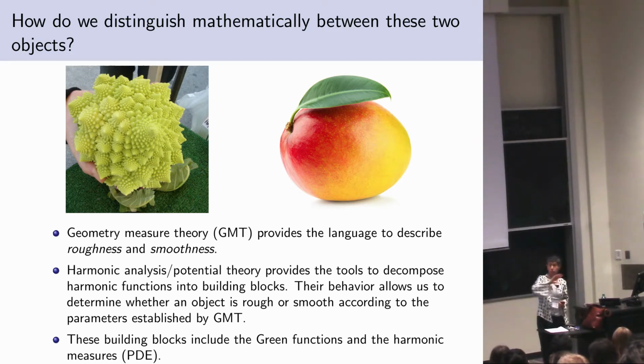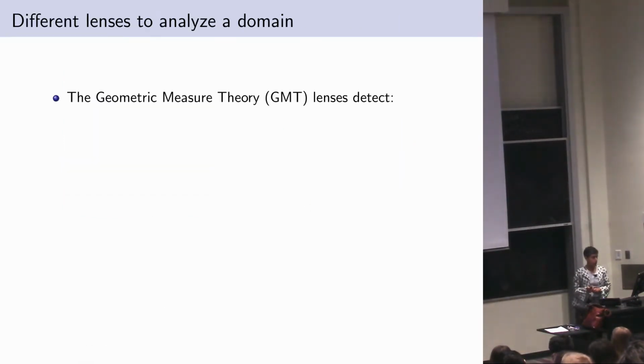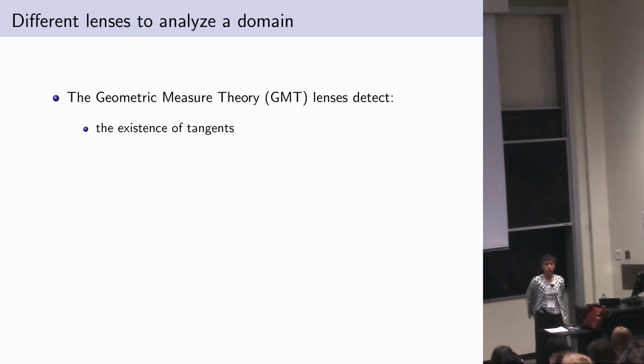Now this introduction gives me the tools that I need to distinguish between the two. So, what does geometric measure theory allow me to detect? It allows me to detect the existence of tangents. Tangents are exactly what you imagine. I will draw some, but you all have taken some classes. You have a tangent if the surface or the graph of a function is well approximated by a flat thing of the right dimension.